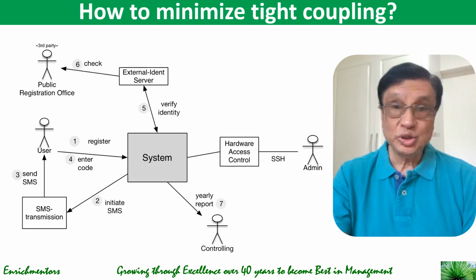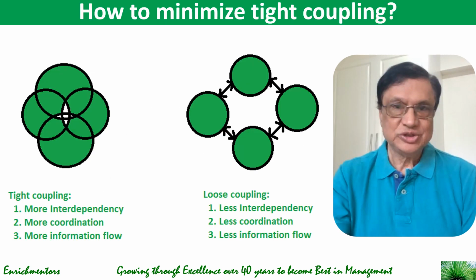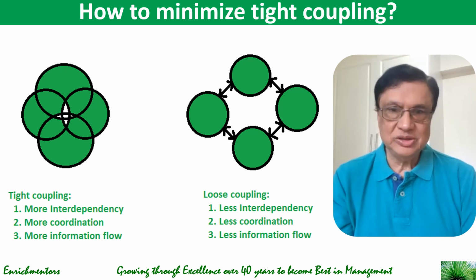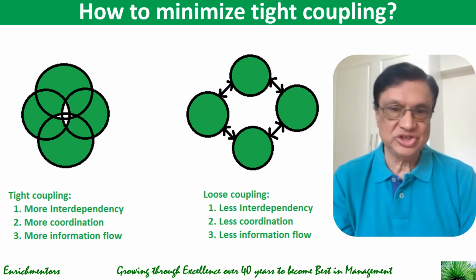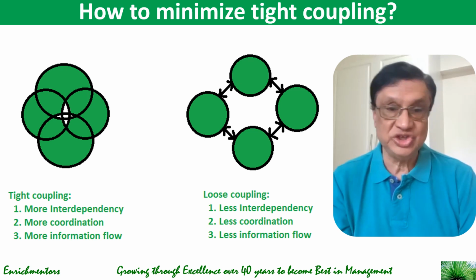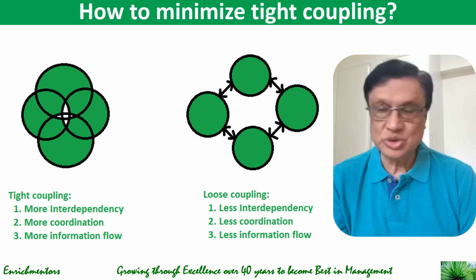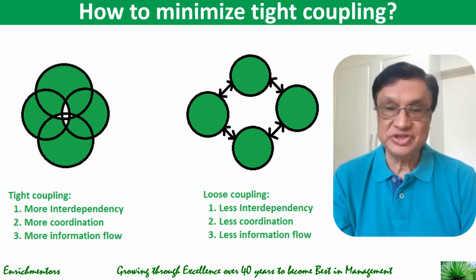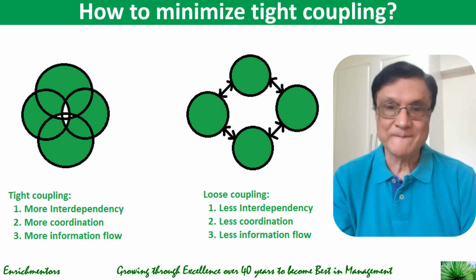So what is this tight coupling and how can we minimize tight coupling? The tight coupling is basically about where your components have more interdependency. They are dependent on each other. You need more coordination, and there's more information flow. And to minimize tight coupling, it's to reduce interdependency, coordination, and information flow, and that will make it loose coupling.